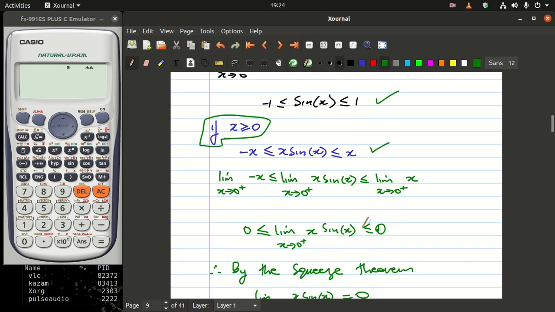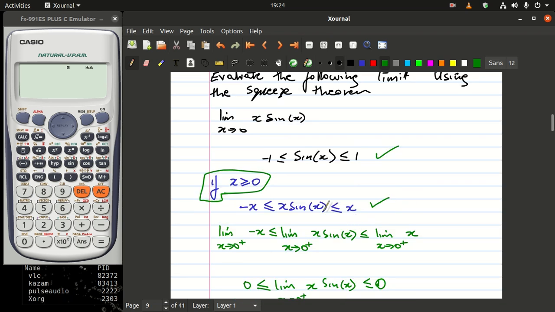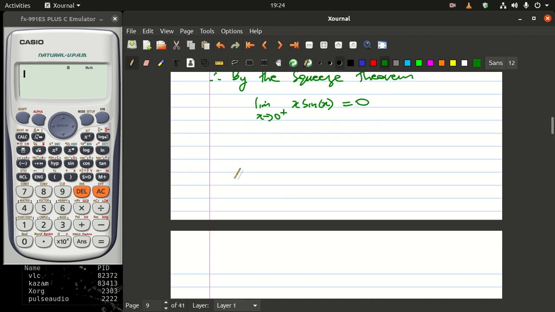Now, what would happen if I were to change this and look at when x is less than 0? So I am going to say, if x is less than 0, then I know that minus 1 is less than or equal to sine of x less than or equal to 1.